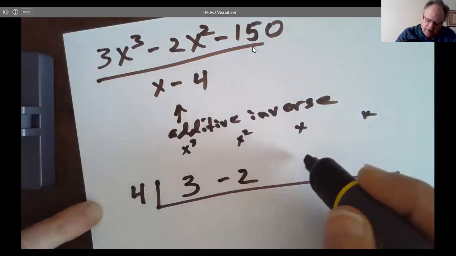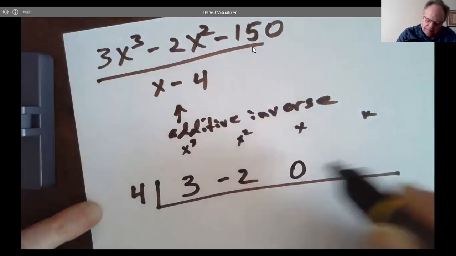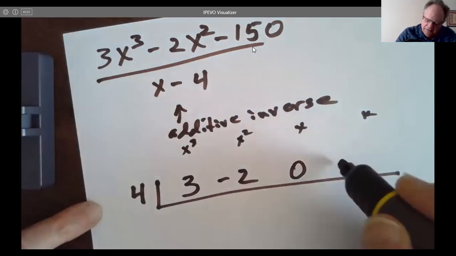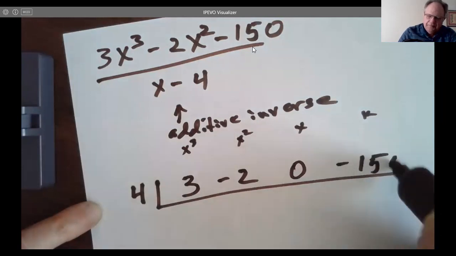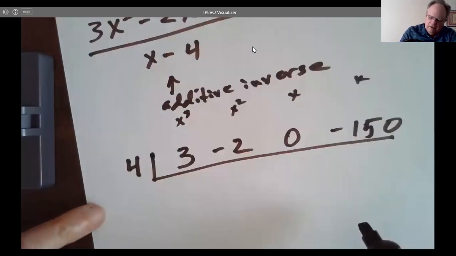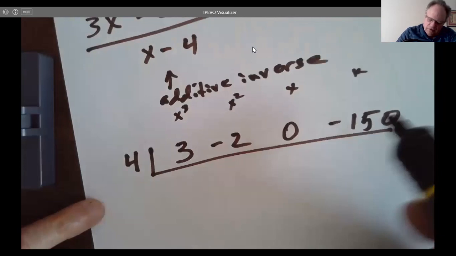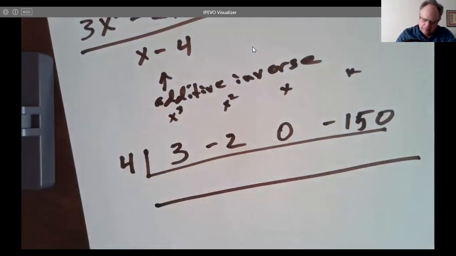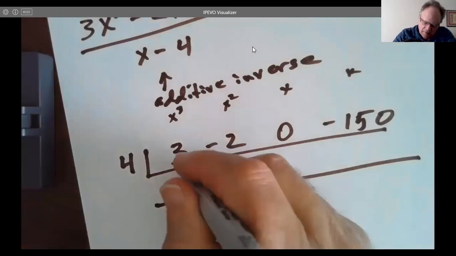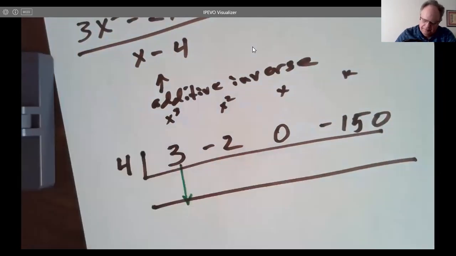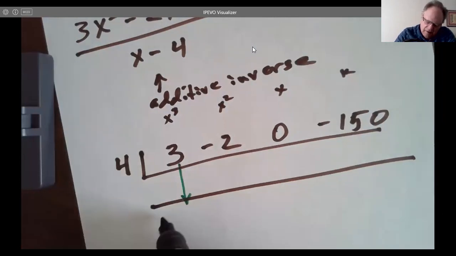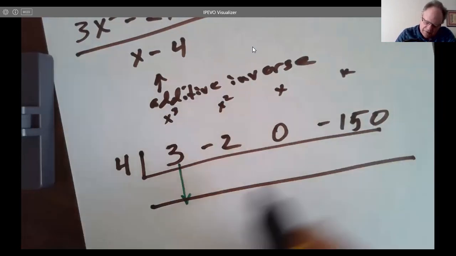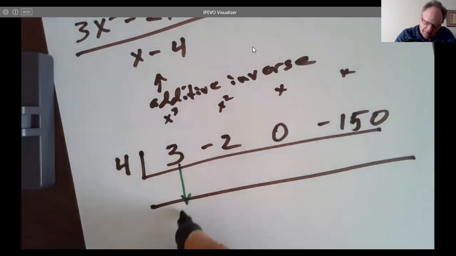We don't have an x, so we got to put a 0. And minus 150 for our constant. Draw a line. First thing we do is drop the first number down. You've got your first row, your second row, and your third row. You drop the first number down to the third row.